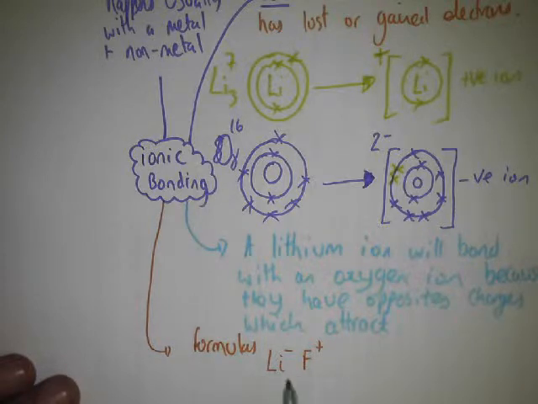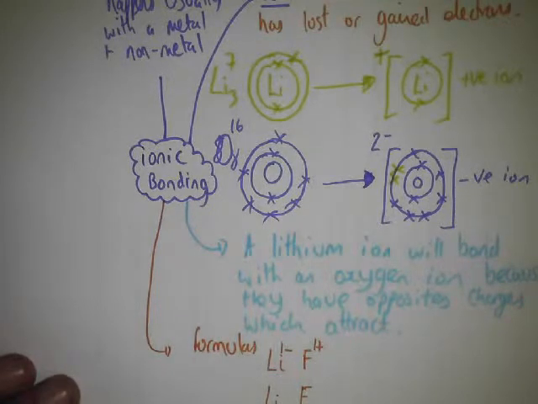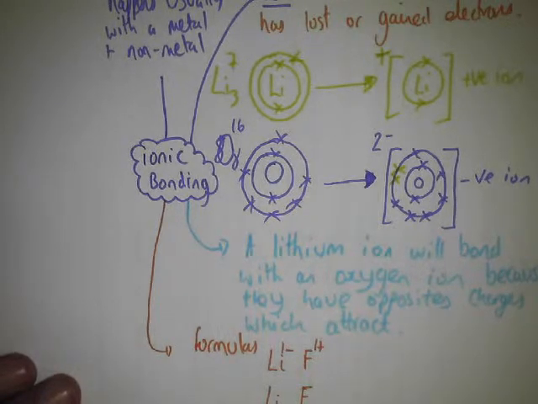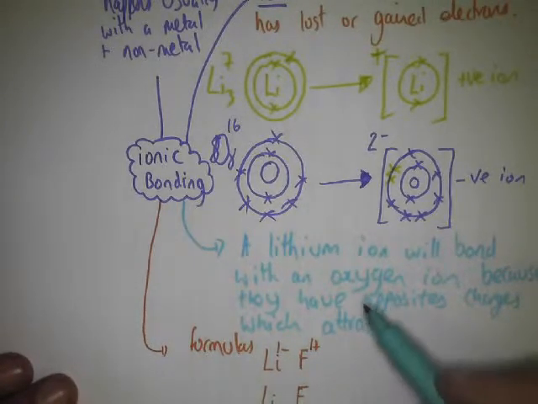So this lithium has lost 1, fluorine has gained 1. You write the elements with space, and then you look, I've got one here and one there. So I've got 1 and 1, so I don't have to do anything. That is the formula. I could put 1 and 1 there, but it'd be pointless. Just like in maths when you've got x, you don't need to put 1x. x is fine.